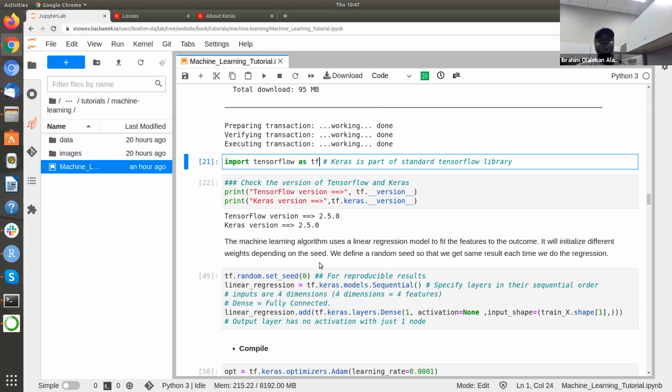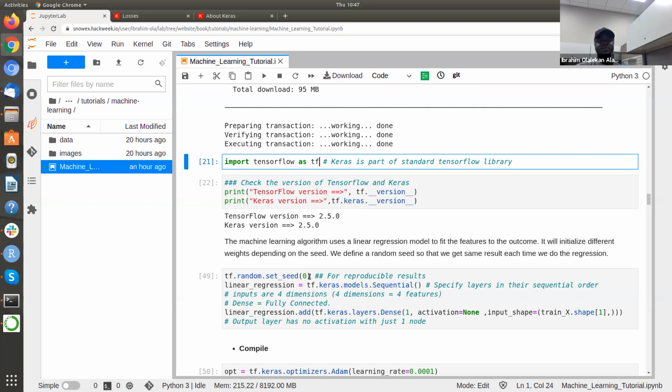So it's about time we build our first machine learning model, which is the linear regression. The machine learning algorithm uses the linear regression model as stated above to fit the features to the outcome. It will initialize different weights depending on the seed we set.